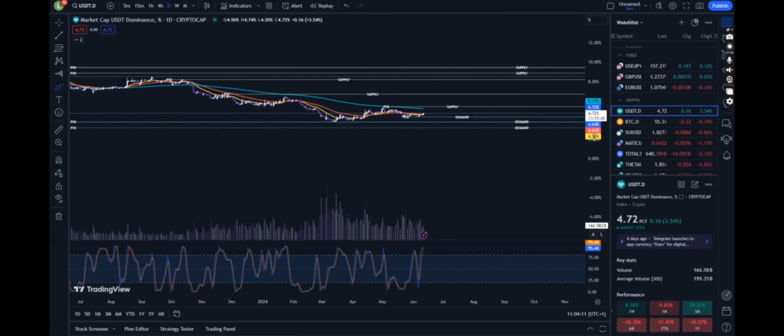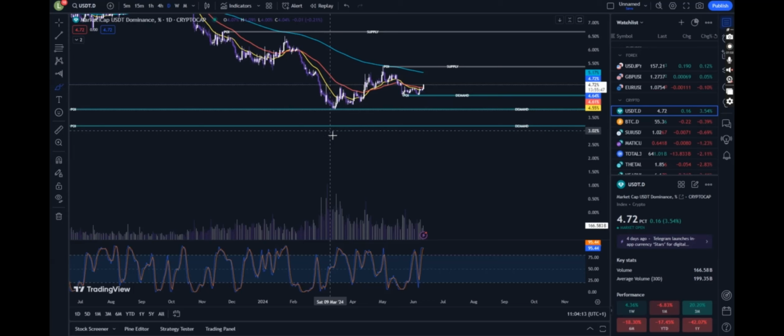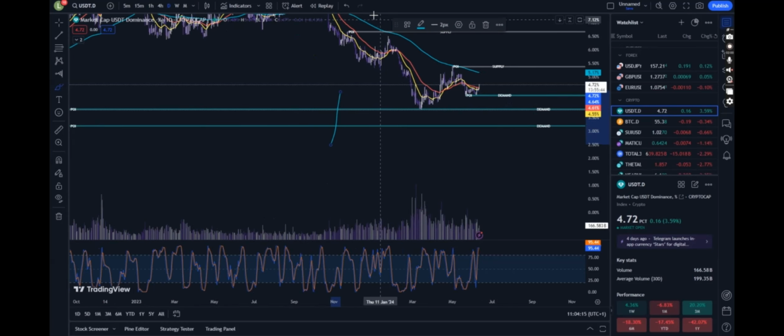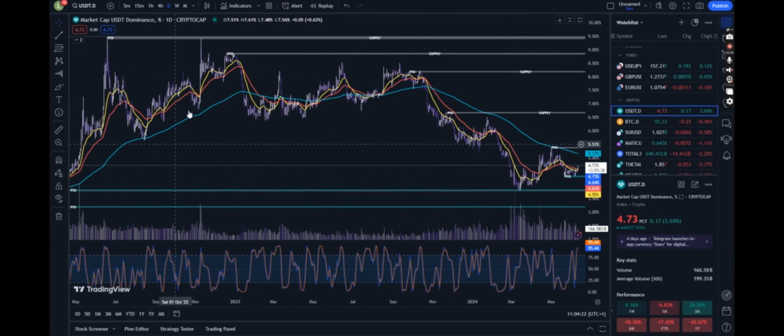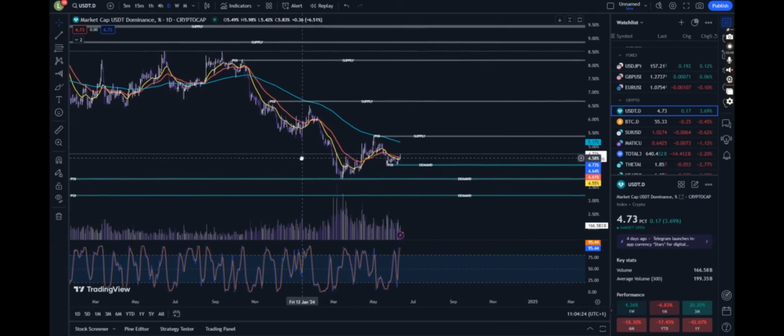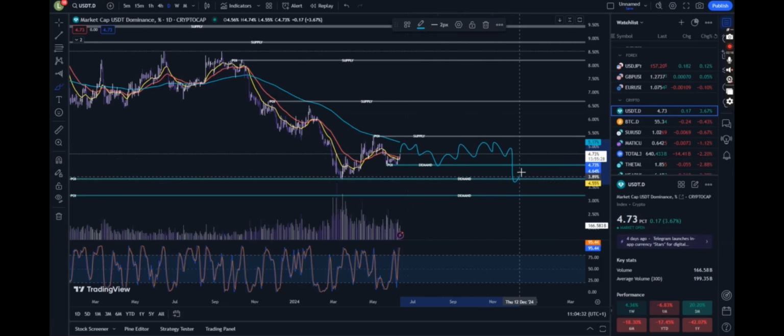We go to the daily, similar scenario on the daily. Trending sideways, push down, probably going to get another trend sideways here, probably going to push up towards this area, trend sideways, break down, trend sideways, and that's what you want to be looking at.